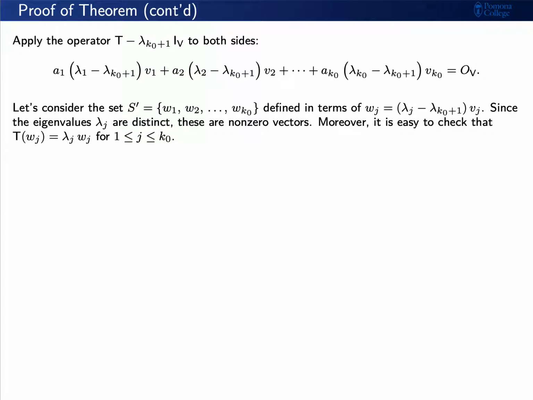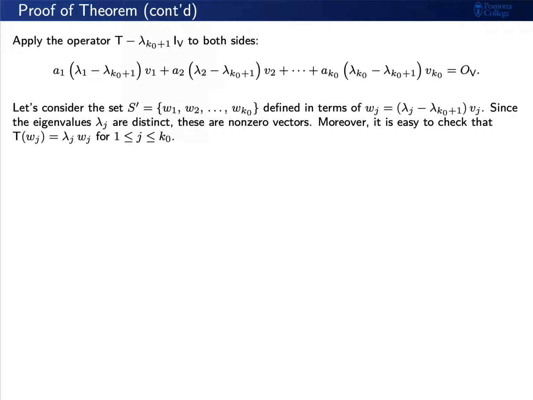Now let's consider the set S prime defined in terms of w sub j, which is this scalar multiple, lambda j minus lambda k0 plus 1 times v sub j. Since the eigenvalues lambda sub j are distinct, each w sub j is a non-zero vector.